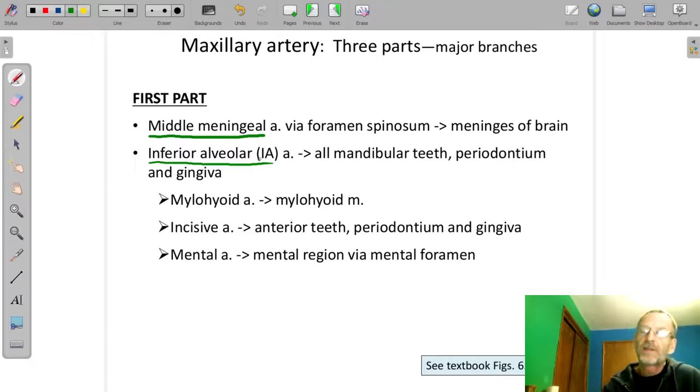It also gives rise to the mylohyoid artery, which supplies the mylohyoid muscle. And then we have the incisive and the mental. Those are the branches of the first part.